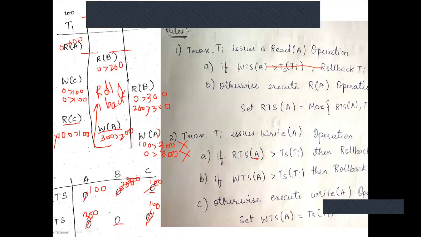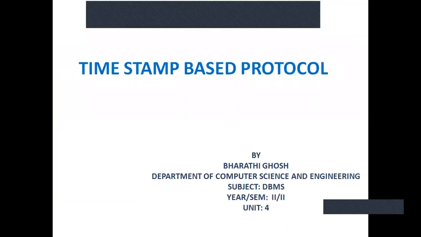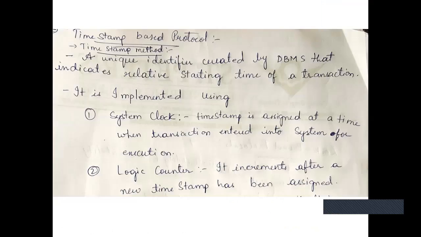Okay, so let us go through it overall. First, we have seen today what a timestamp is. A timestamp is nothing but a value that is associated with each transaction in a schedule. Here we are using timestamps instead of locks. In lock-based protocols we use locks, but in timestamp we are using time.